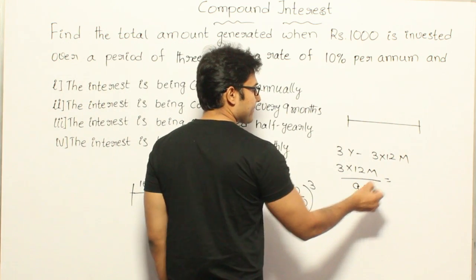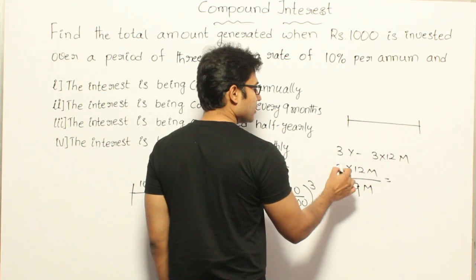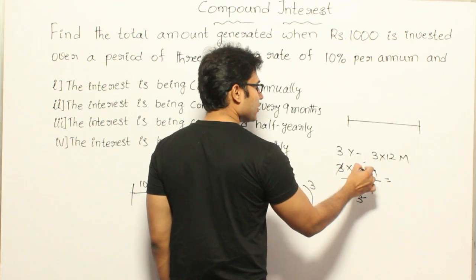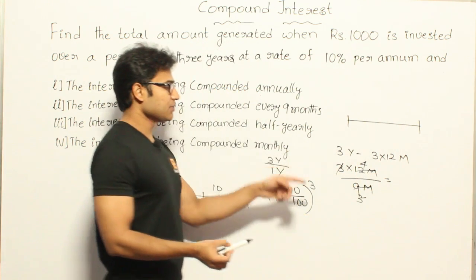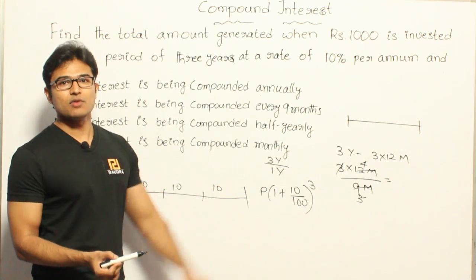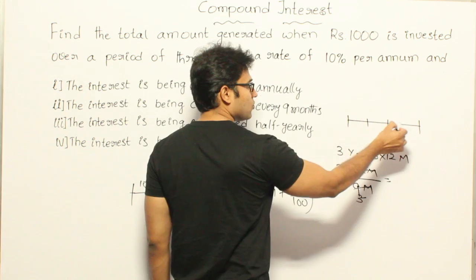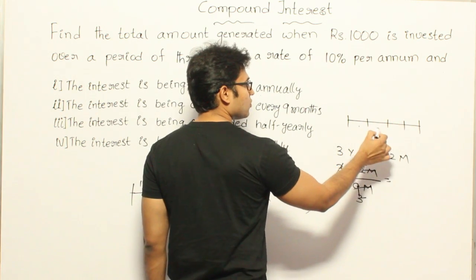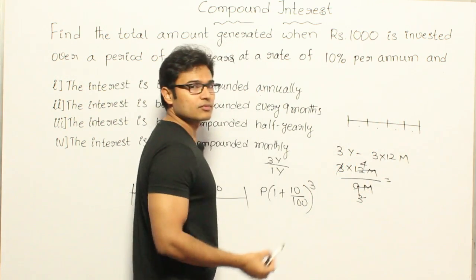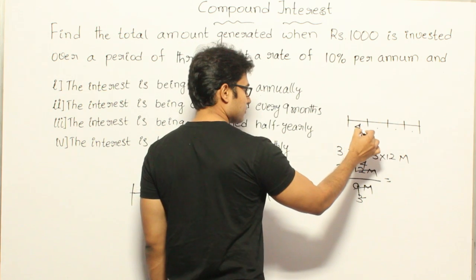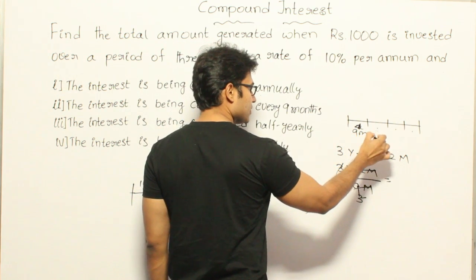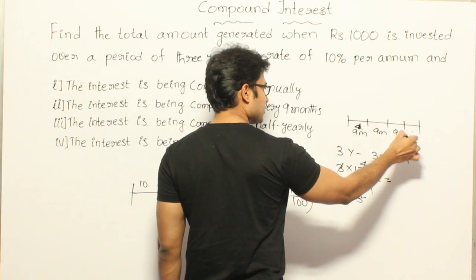Now what is this entire amount going to be? 36 divided by 9 is 4. Therefore the 3 years I can split into 4 parts, of 9 months each. Therefore 1, 2, 3, 4, so 4 slots. So each one is 9 months, 9 months, 9 months, 9 months.